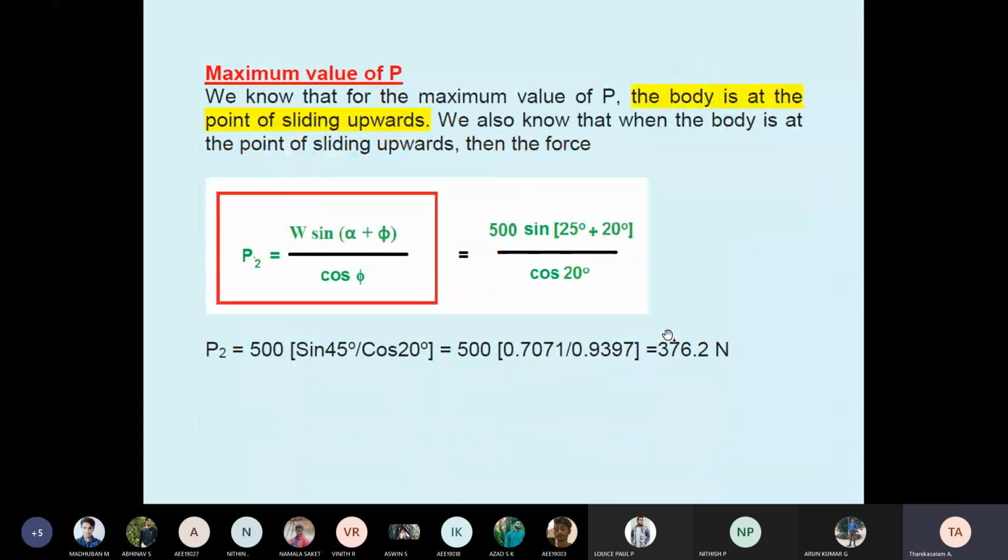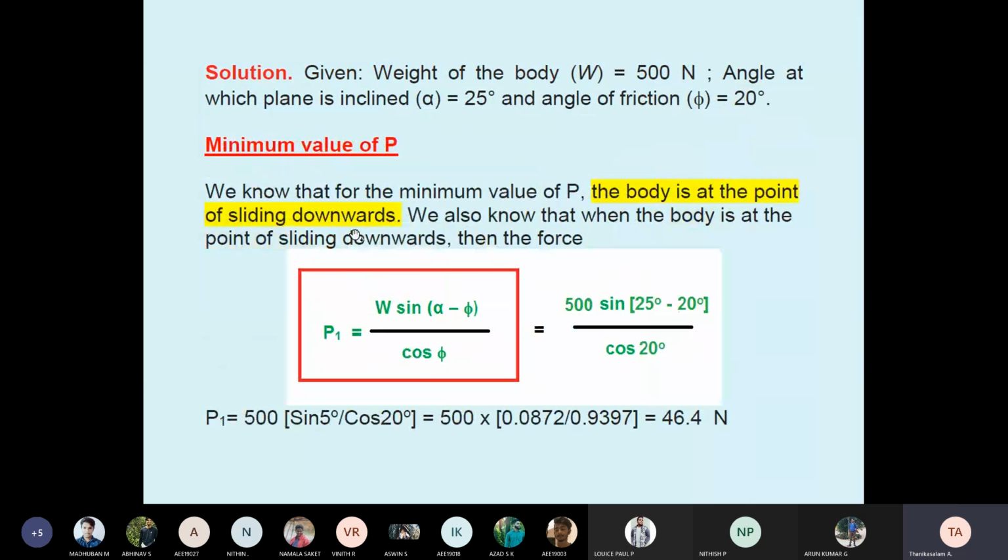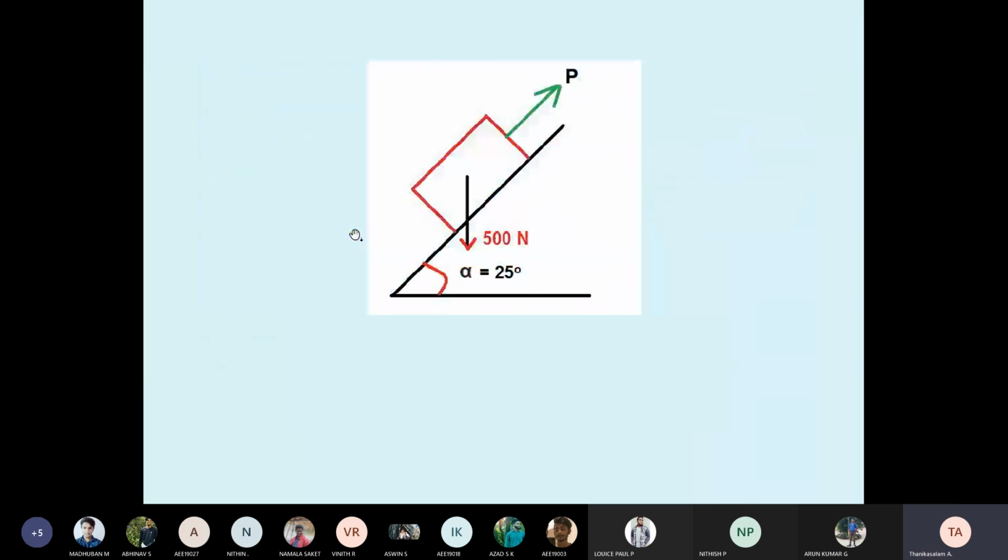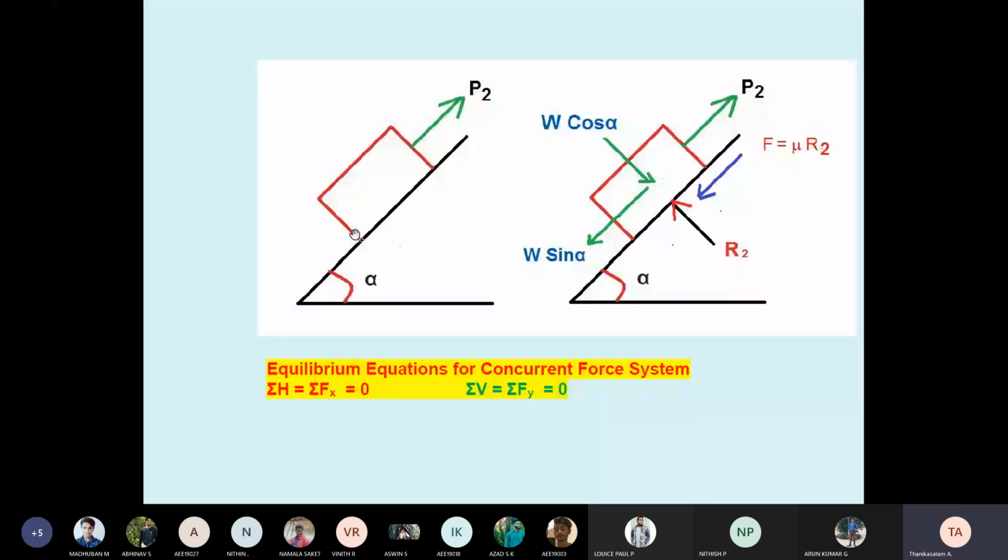Then the maximum value. We have the formula: P2 equal to W sin(alpha plus phi) divided by cos phi. The body is at the point of sliding upward. Therefore, the formula is derived based on the previous steps. That's why we apply the direct formula. We already derived all things.